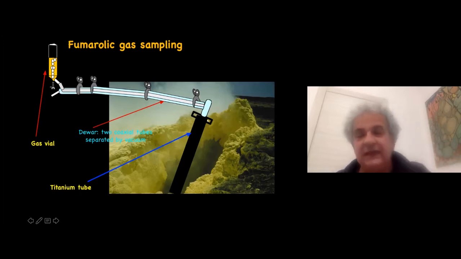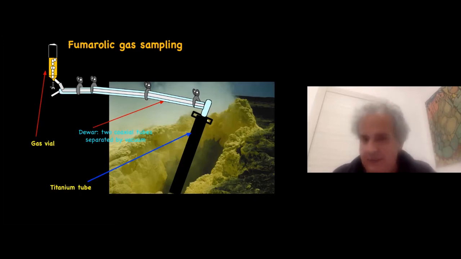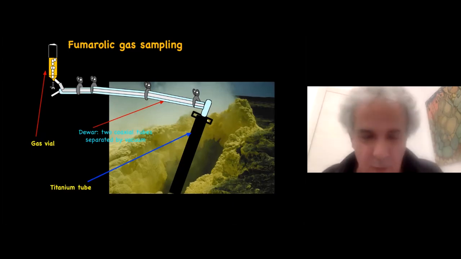So this means that as the gas uprises and enters inside this dewar system, there is no loss of heat. This means that the composition at the final part of this dewar system is the same as inside the fumarole. This is to avoid any, for example, condensation problem.